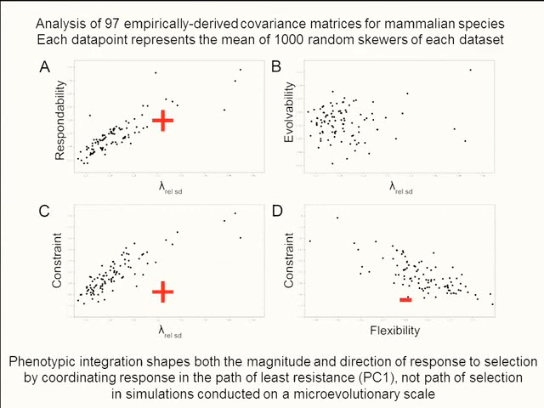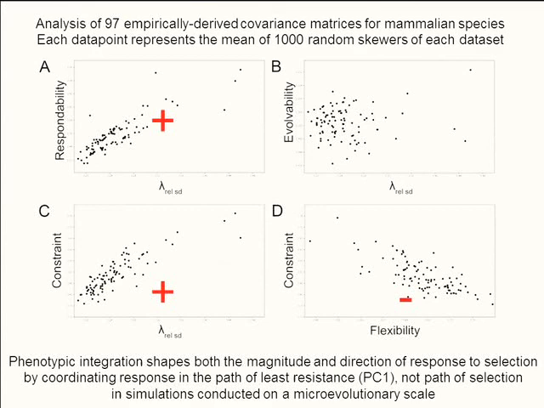But we find that it's very constrained in that that actual response will be aligned very closely to PC1 of your data set, the more integrated you are. In contrast, the amount of change only in the direction of selection is actually not strongly correlated with integration. And what it really reflects is the angle between PC1 and the selection vector.